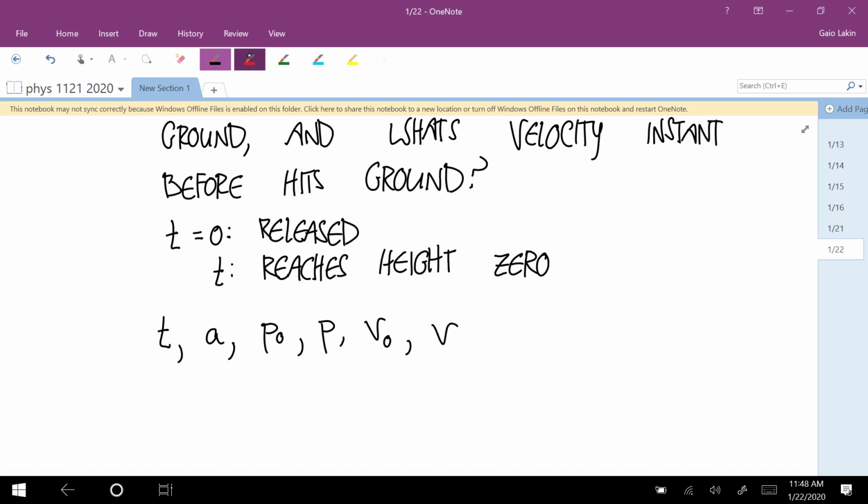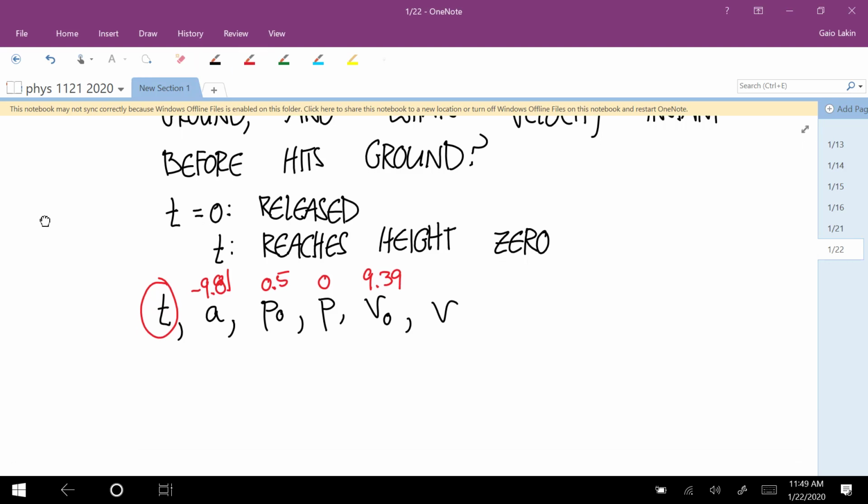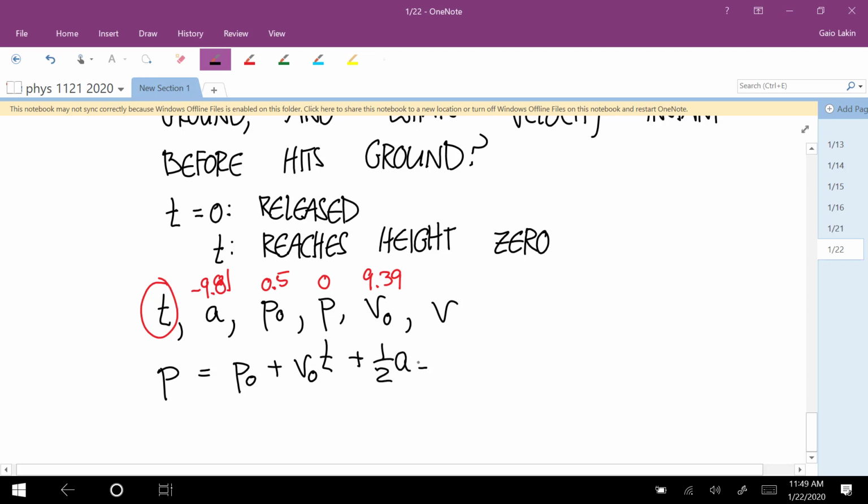We're trying to find this time t. The acceleration is negative 9.81. p0 is 0.5. p is 0. v0 is positive 9.39. And the equation that works with these is p equals p0 plus v0 t plus 1/2 a t squared.